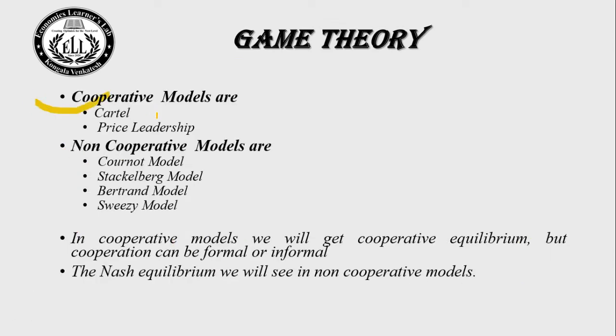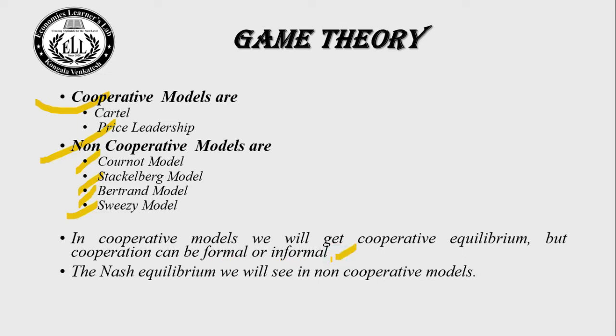Cooperative models are cartel and price leadership. It means cartel and price leadership models are collusive models. Non-cooperative, or non-collusive, models are the Cournot model, Stackelberg model, Bertrand model, and Sweezy model, that is the kinked demand curve model. In cooperative models, we will get a cooperative equilibrium, but cooperation can be formal or informal.